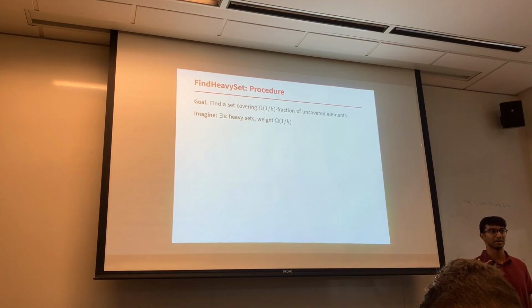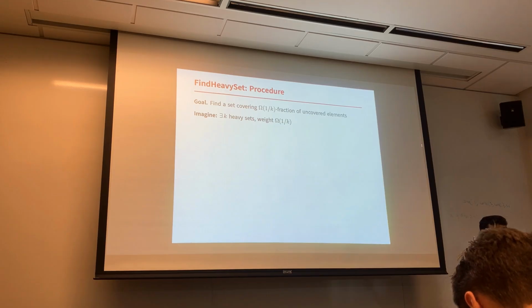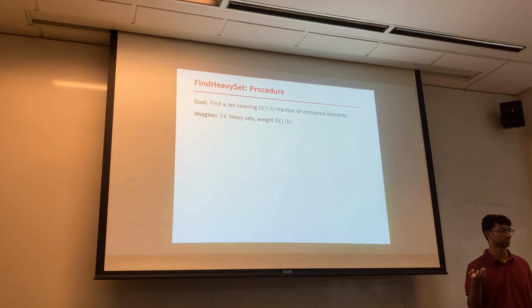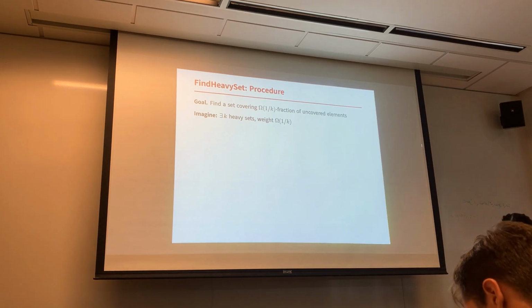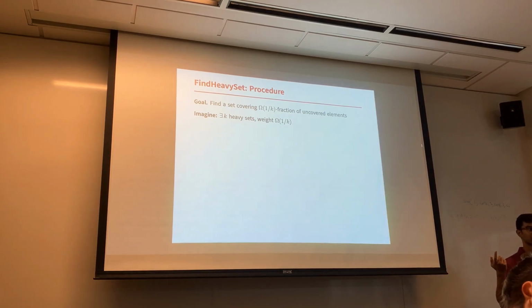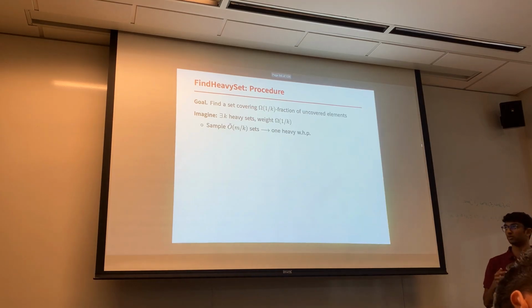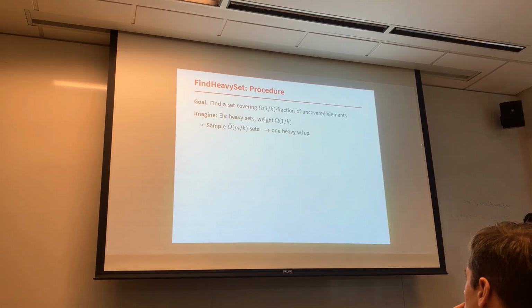So you have k sets lying out there that each cover a 1 over k fraction of your universe. The goal is simply to find one of these k heavy sets. The way we'll do it is we'll start by sampling roughly m over k sets, which guarantees with high probability that one of the heavy sets makes it into our sample.